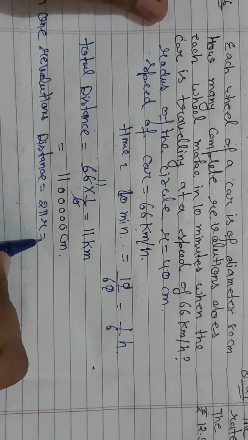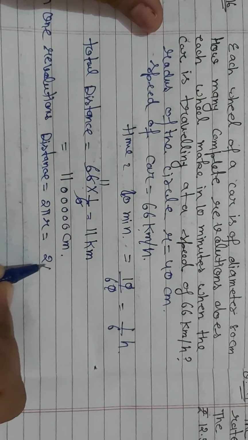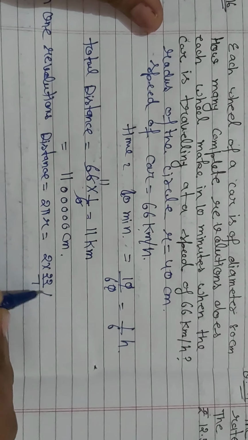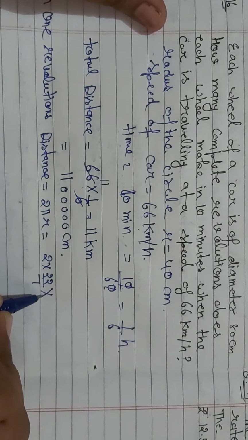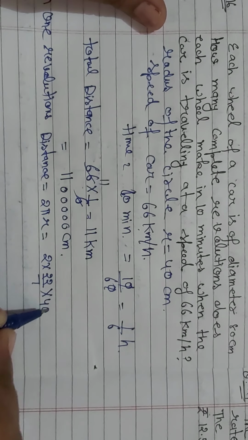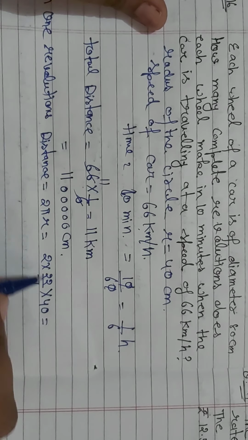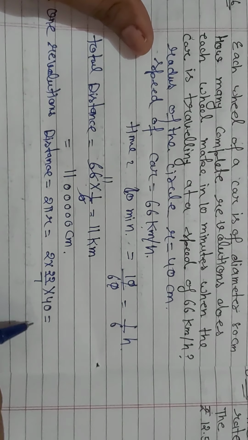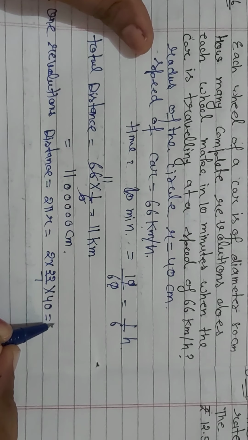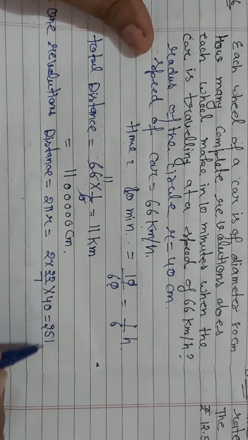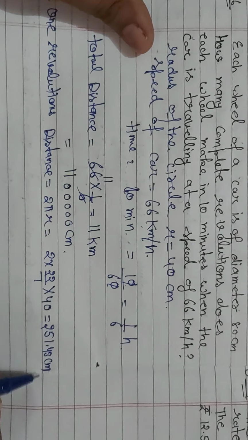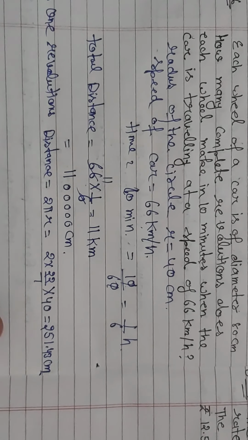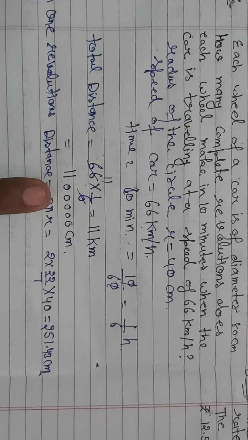Distance equals 2 pi r, and this equals 2 into 22 by 7 into r, and r is 40. We find the multiplication of this, and this equals 251.43 centimeter. Okay, in one revolution it covers this distance.